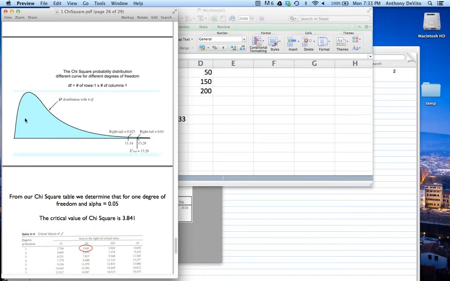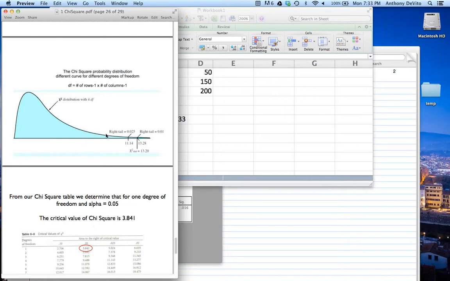What you would expect here is maybe not a 0 chi-square, but a small chi-square. And the further away you get, the less likely that you would get that big a chi-square value if there were no association.